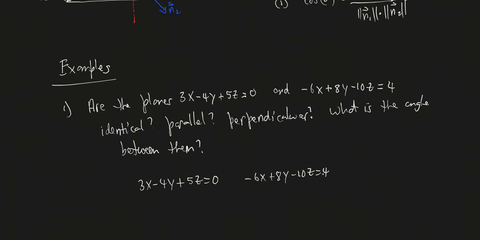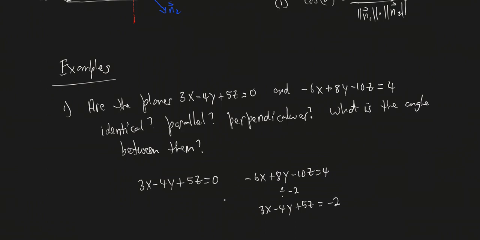So let's actually divide by negative 2. If we divide all four terms by negative 2, then the left-hand side becomes 3x minus 4y plus 5z, but on the right side I'll end up having negative 2.